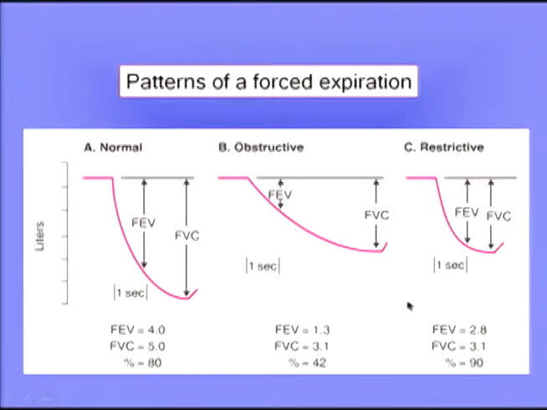So this is interesting, isn't it? The lung is very abnormal. The patient is able to exhale gas very rapidly, not over a very large volume, but during the first second, the expiration is very fast indeed.